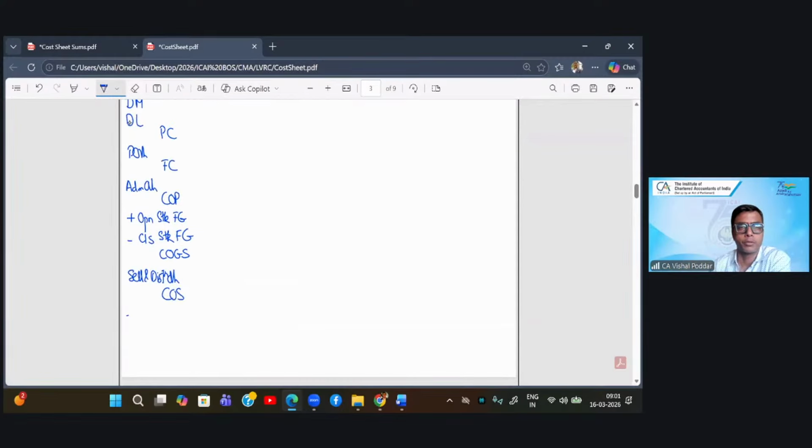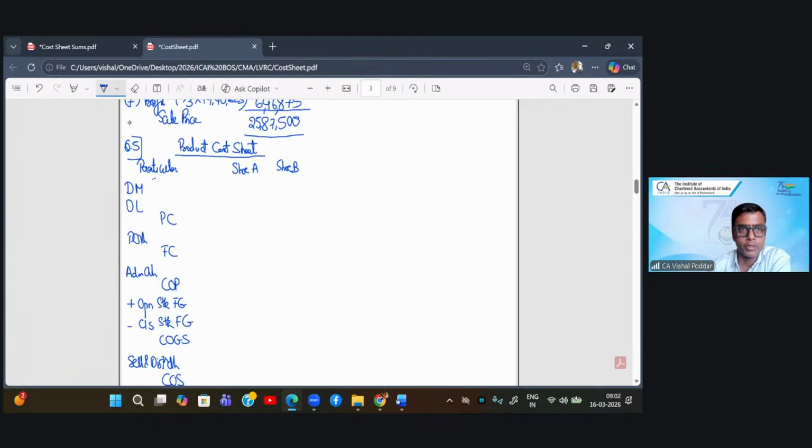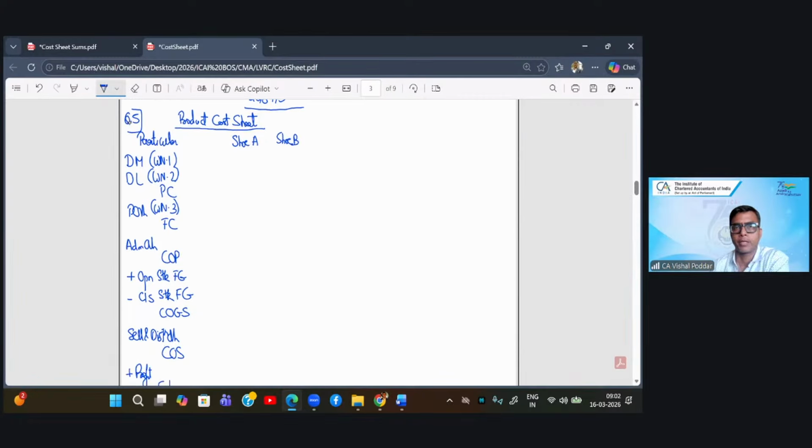And then since selling prices are given, you can find out your sales and the balancing figure will be your profit. Now for all this, we need working notes, working note 1, working note 2. Remaining other things are ready-made.